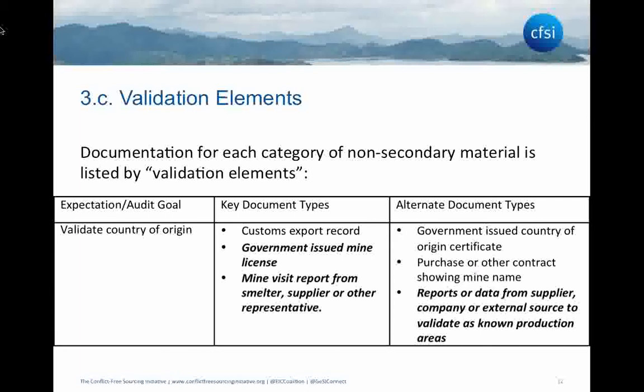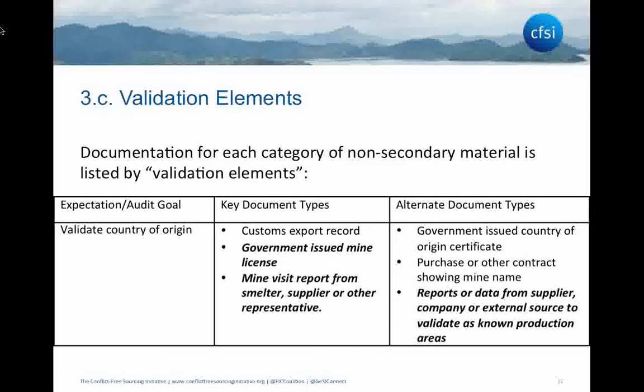In addition, there have been lists of alternate documents provided for the auditor as well as for the smelter. Alternate documents only need to be provided for review by the smelter if key documents are not available. This means that if the auditor has seen all the key documents, or sufficient key documents to validate the particular element, no alternate documents must be provided for review.